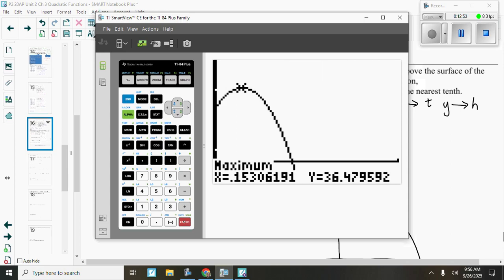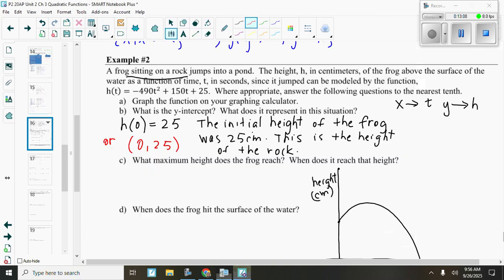So the maximum is Y equal to 36.5 at 0.2. So we're just going to round everything to the nearest 10th. I don't think it says, but we're going to round to the nearest 10th. So you could write in the coordinate for the max value, which was at 0.2 and 36.5.